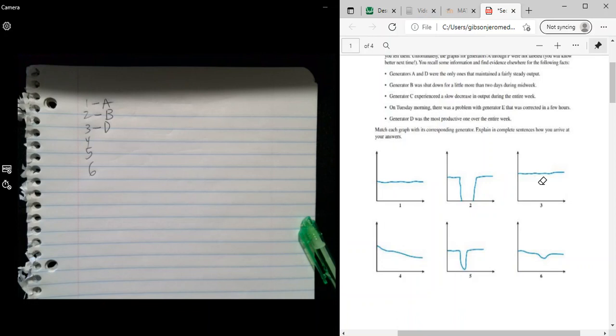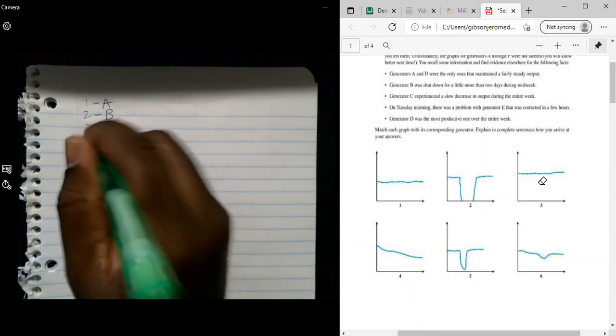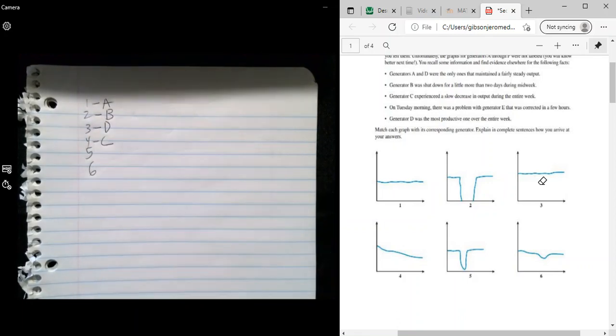Now I had confusion because I didn't read this correctly. I thought the last bullet point was asking for the most productive over the entire week. I didn't realize that it was also generator D, so I had a mix-up. I had to go over some things because I completely forgot about F while I was working through this. Oh, okay. So we see here 4 would be C. That's the one that's going down the slope.